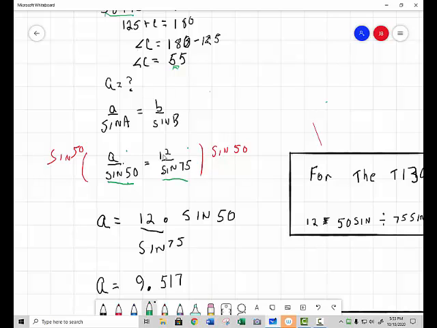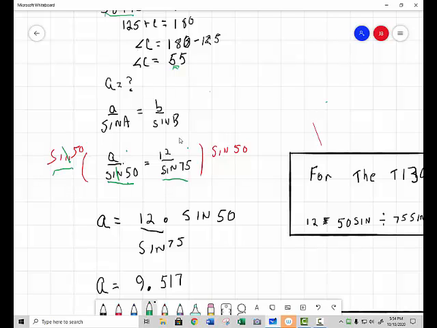I know that angle. I simply have to solve this one. All I'm going to do to solve it is multiply both sides by sine 50. The sine 50 on the left side cancels, leaving the A, and the right side turns out to be 12 times the sine of 50 divided by sine 75.